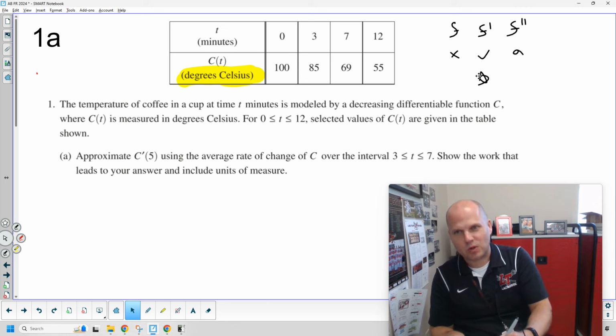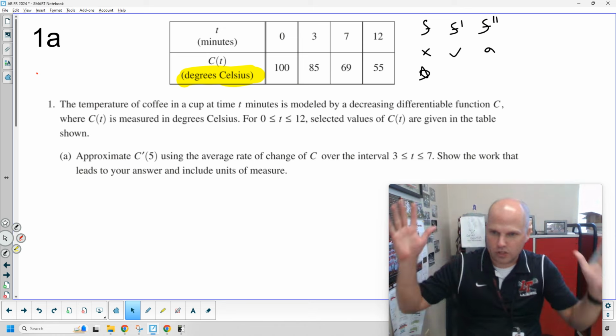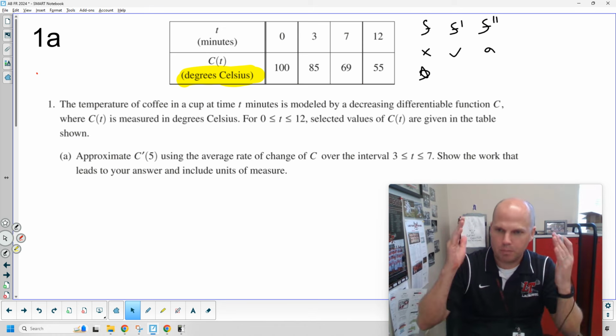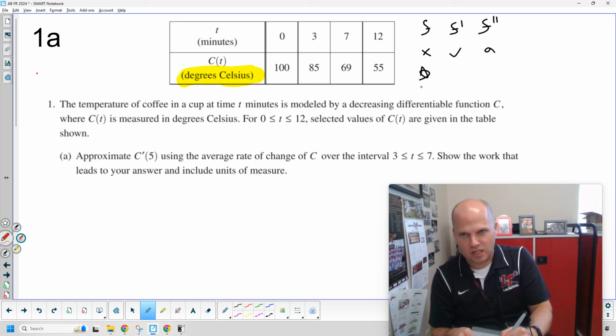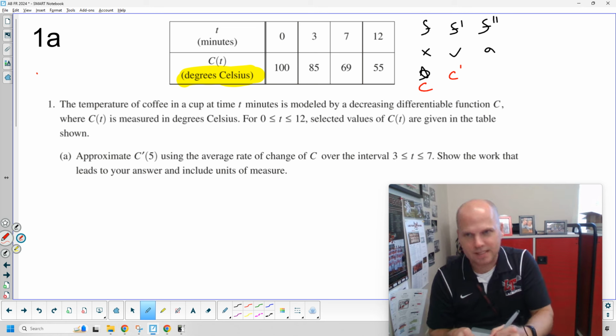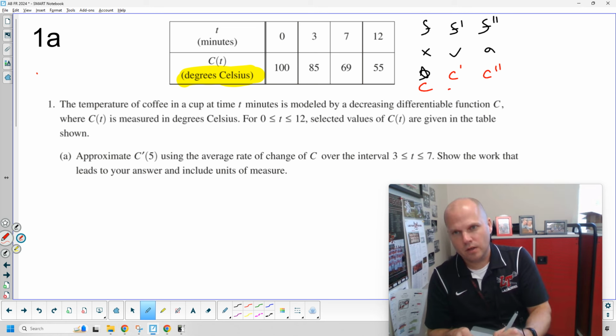But in this question, C was actually the original function, the position. So C is in degrees. C prime is in degrees per minute. C double prime is in degrees per minute squared.